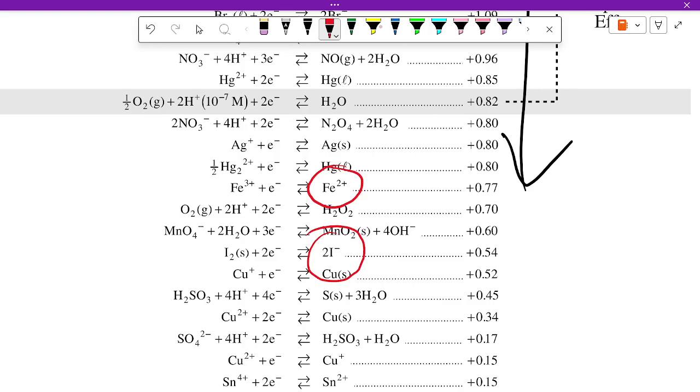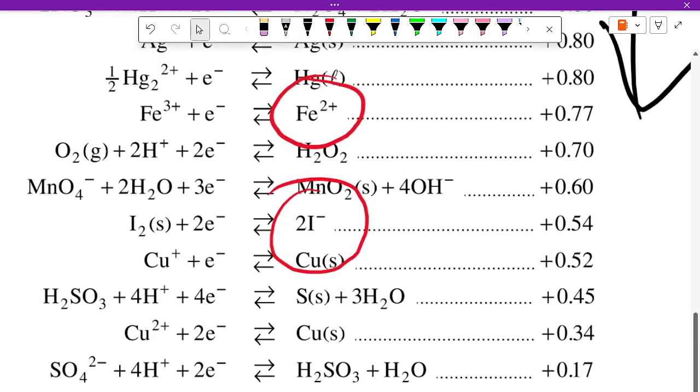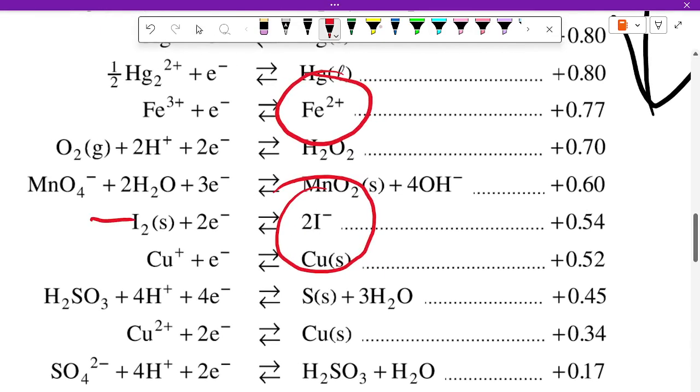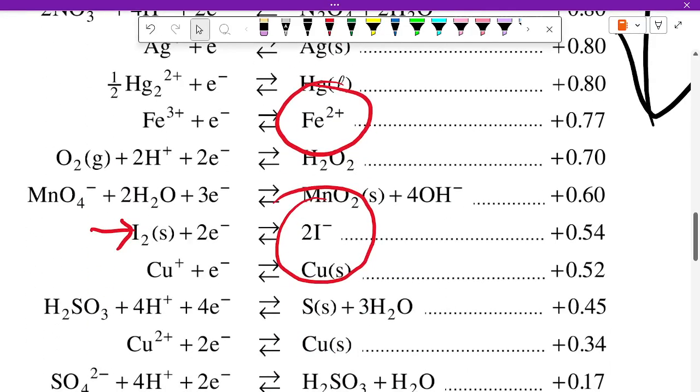It turns a super, super dark blue, almost black color. And so you can actually use starch as an indicator in this reaction. So if you needed to react this with something above it, you could. However, let's not worry about that.